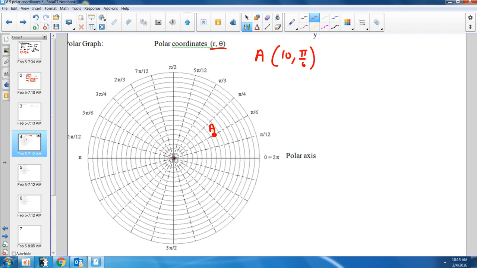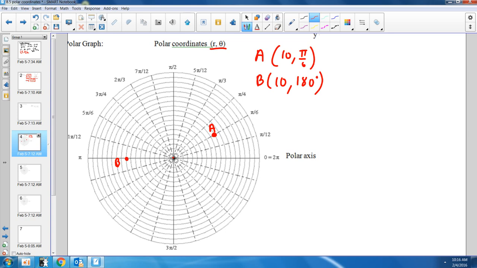I could also do, let's say, B, which is 10, 180 degrees. If I go 180 degrees 10, I do the same thing. I'm going this way at 180 degrees. I'm counting 10 out. And so that is going to be right there, which would be B.